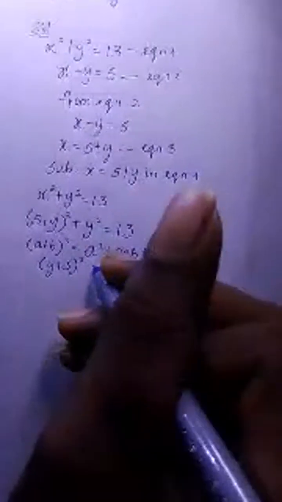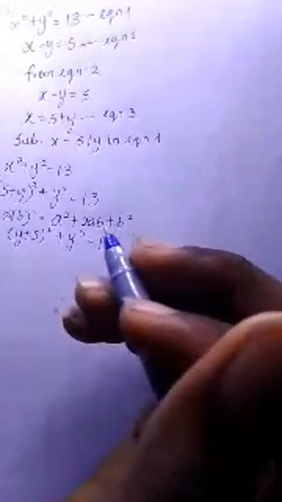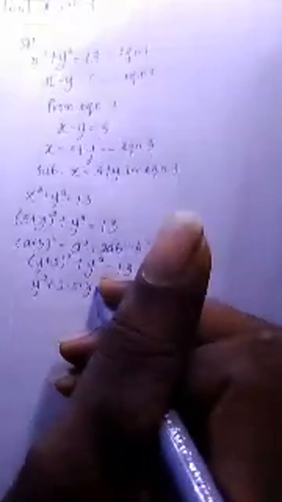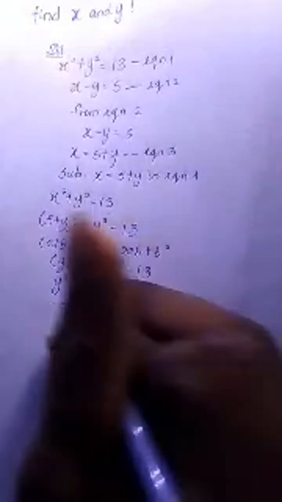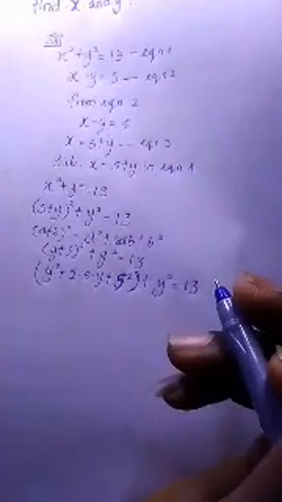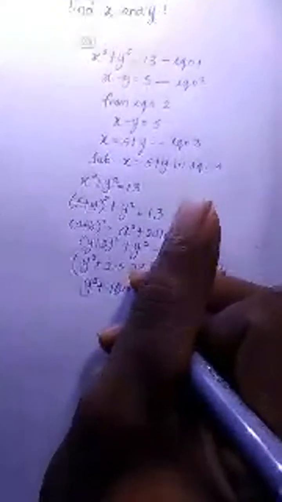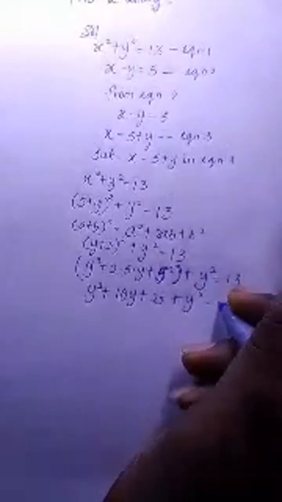So y plus 5 squared is y squared plus 2 times 5 times y plus 5 squared. So we have y squared plus 10y plus 25, plus y squared equals 13.